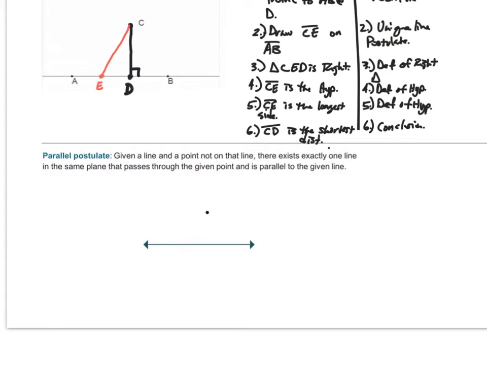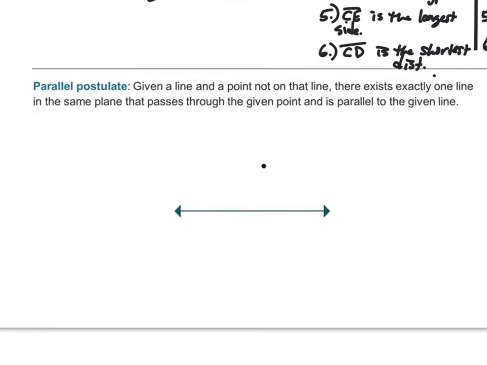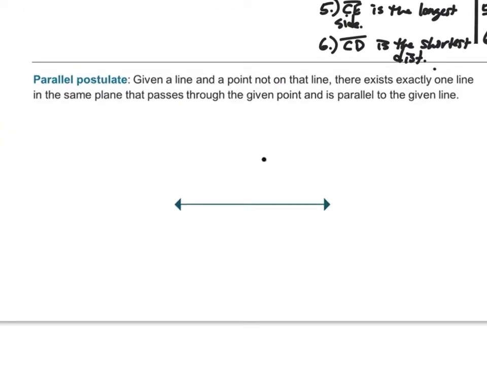The other postulate we can talk about is the parallel postulate. The parallel postulate states that given a line and a point not on that line, there exists exactly one line in the same plane that passes through the given point and is parallel to this line.